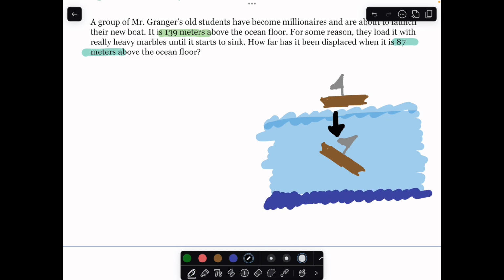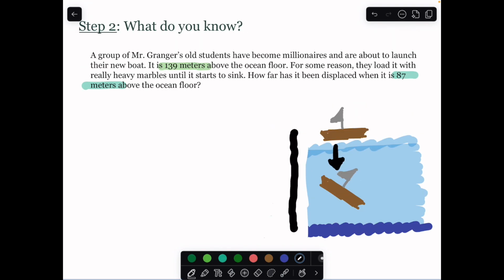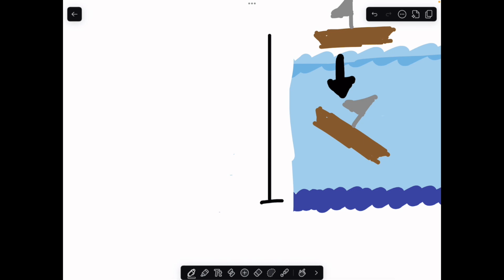Okay, that's the ocean floor. I'm going to put a little number line here. We know that here we have 0 meters. That's on the ocean floor.